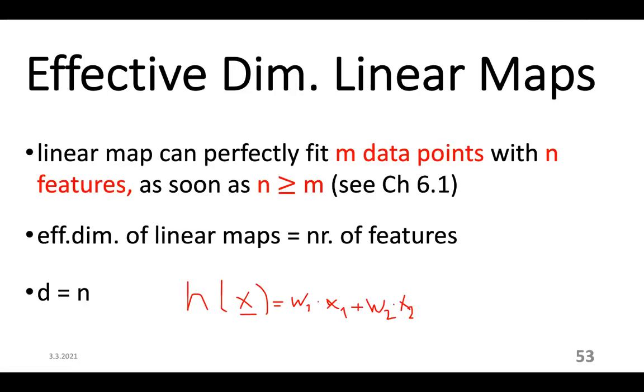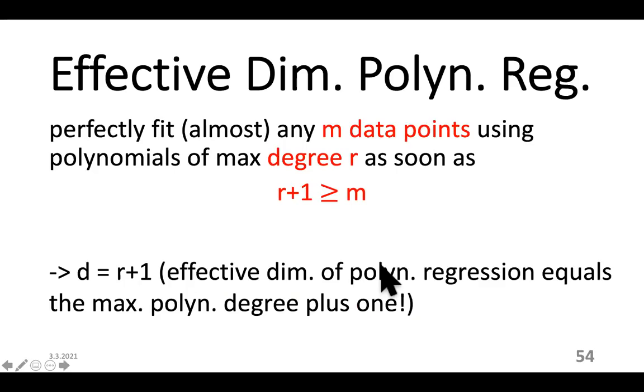So this tells us that the effective dimension of linear predictors is equal to the number of features that you use in a linear predictor. And remember, the number of features, for example for an image, is the number of pixels. Modern cameras take megapixel images, so it's millions. The effective dimension of linear maps here is then millions. Another example, polynomial regression.